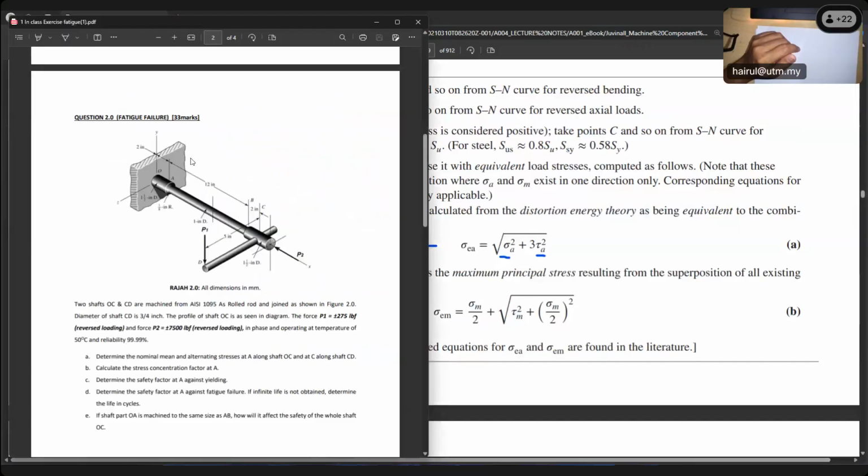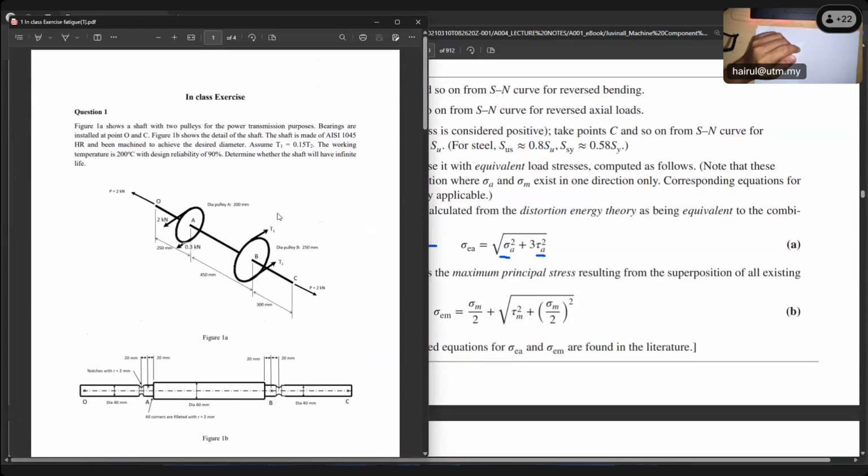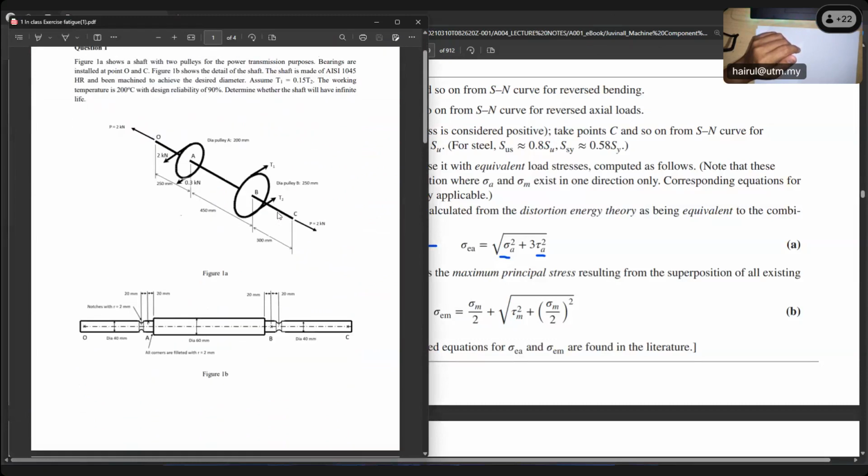Can you see my PDF? Can you see the question? This one, the in-class exercise. You can maximize the view.